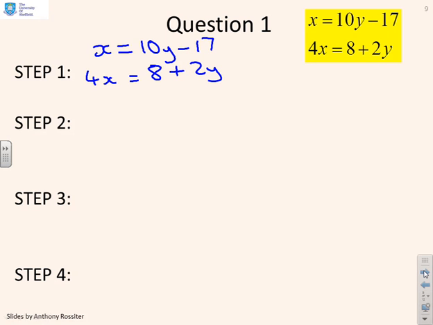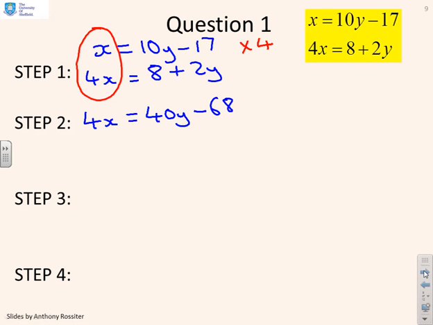Step 2 was to make the coefficients on the left hand side the same. Now I can do that by multiplying this top equation by 4. So what I'm going to get is 4x equals 40y minus 68, and the other equation I don't need to change: 4x equals 8 plus 2y.